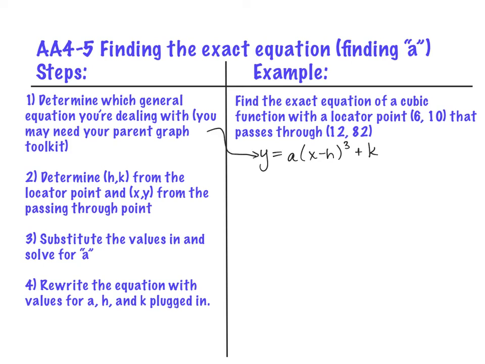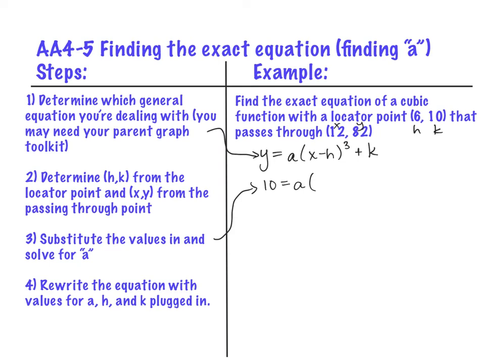The next thing I need to do is determine h, k, that's my locator point, and x, y. It's my 12 and 82. And then I'm going to substitute those into my equation. So instead of y, I'm going to have 10. I still don't know a. Nope, I'm not going to have 10.